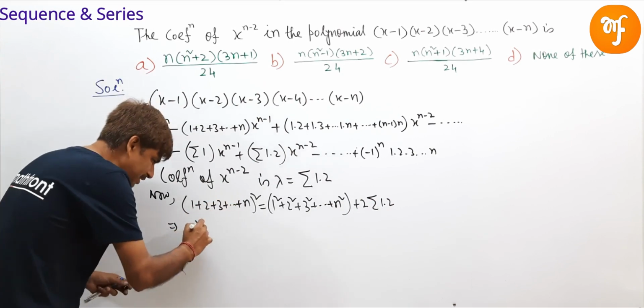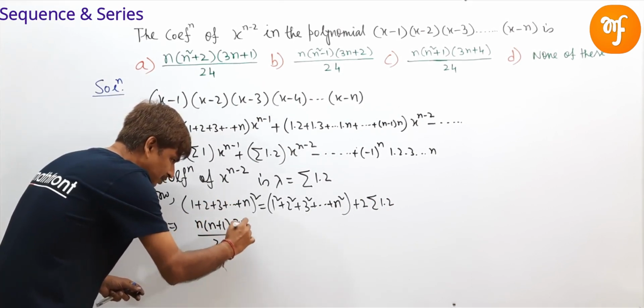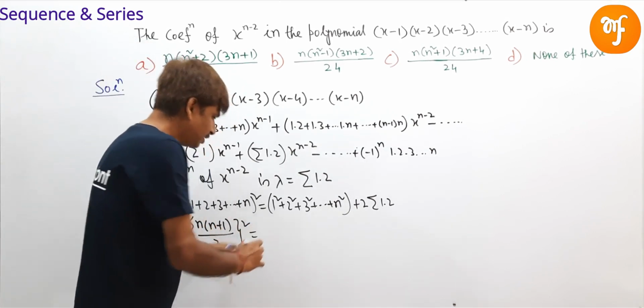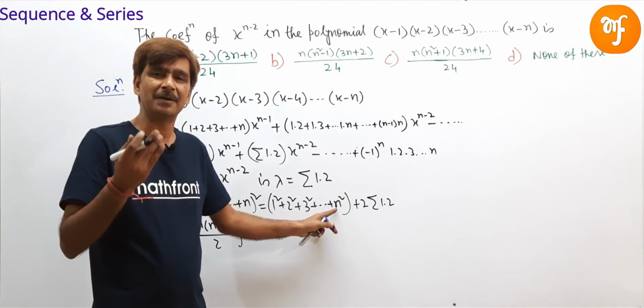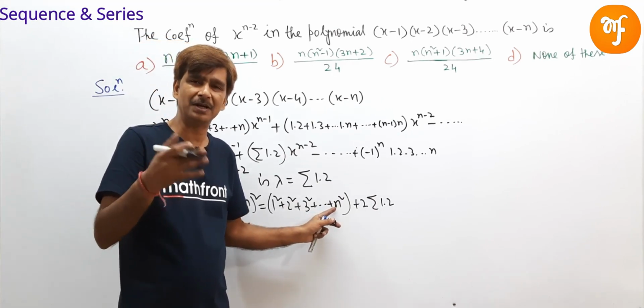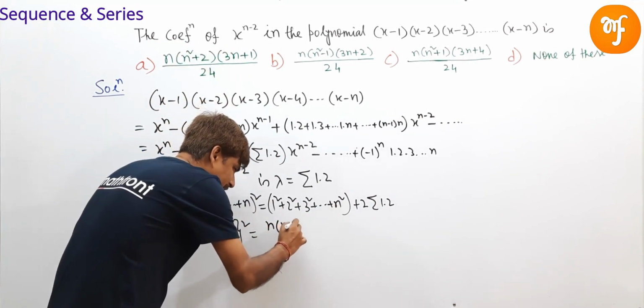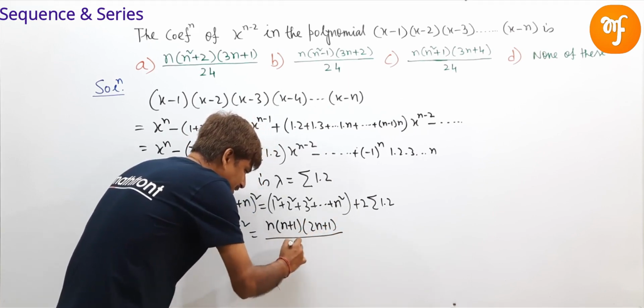We know this value is n into (n plus 1) divided by 2. Its whole square is there. Similarly, 1 square plus 2 square plus 3 square plus dot dot till n square can be written as n into (n plus 1) into (2n plus 1) divided by 6.